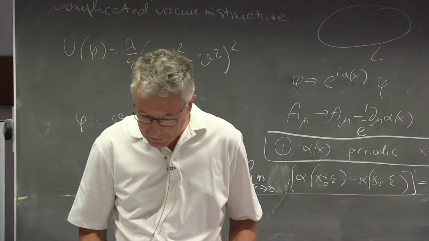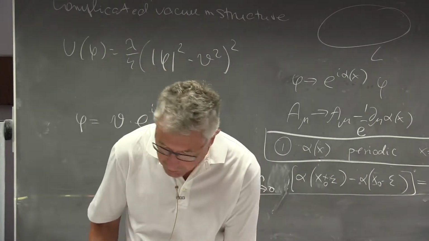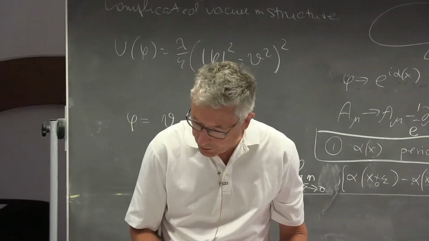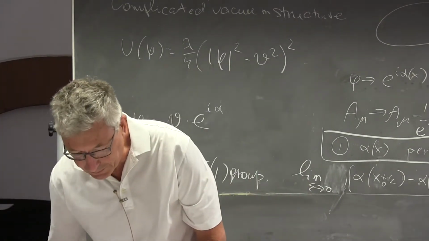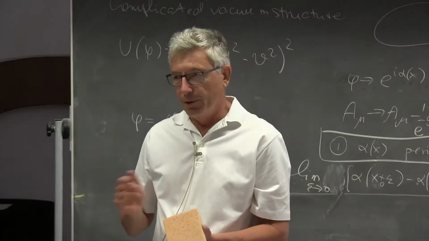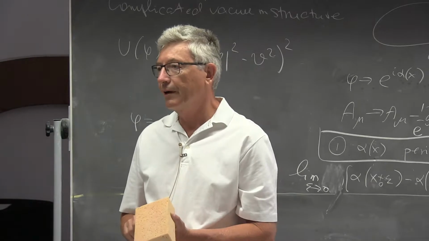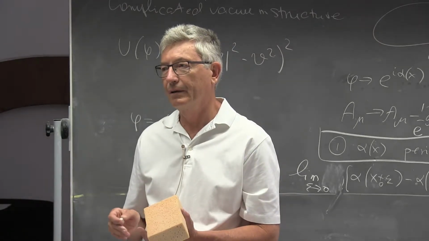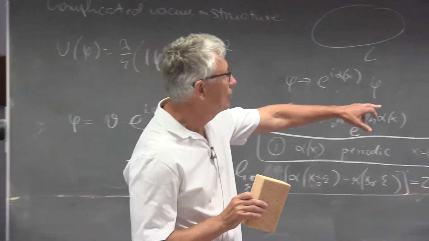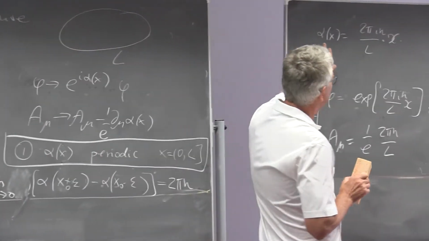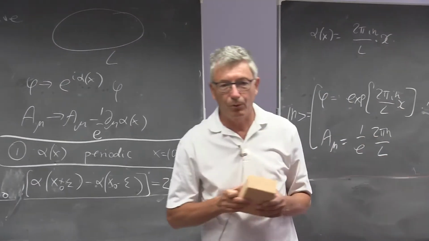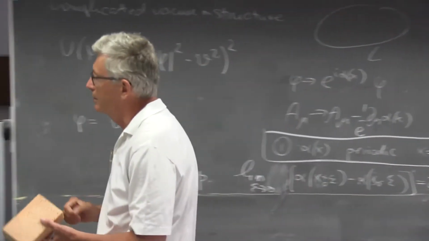Okay, so why is this all important to us? It's important to us because of the following reason. We are interested in fermions, and let's see what is going to happen if we go from one vacuum to another.